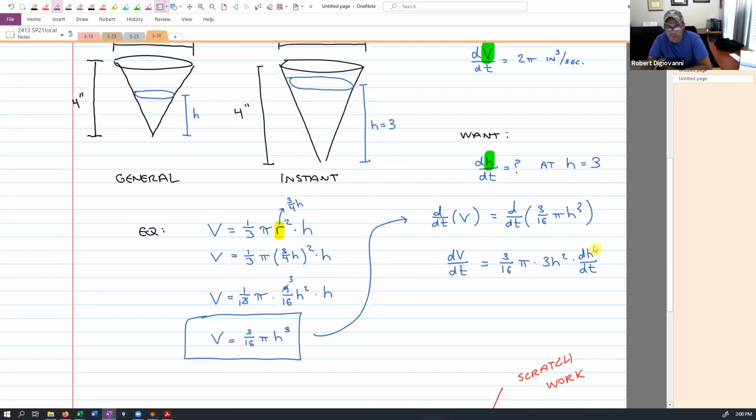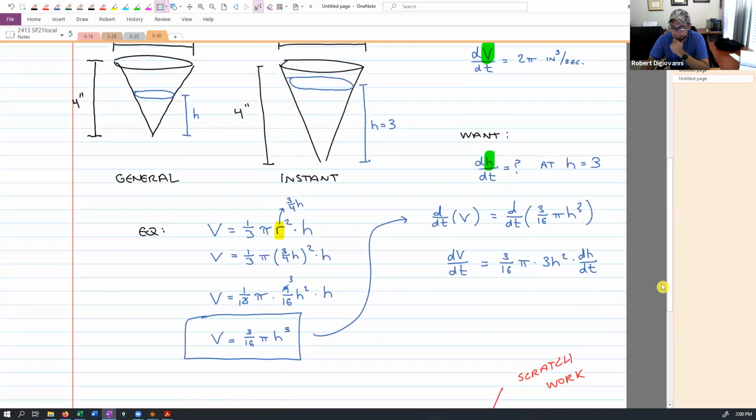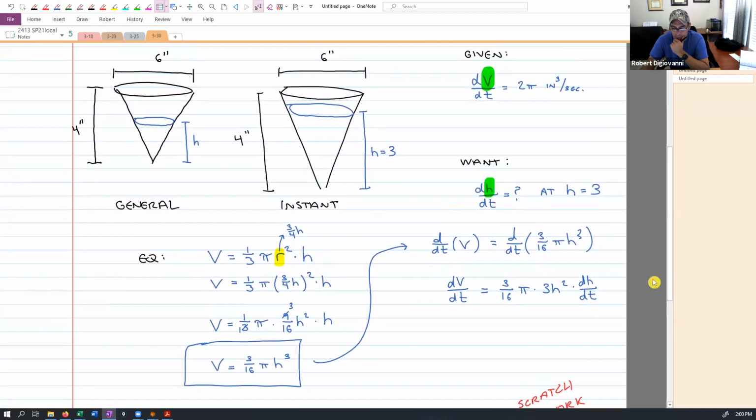Chain rule, right? 3 comes out, and then derivative of h with respect to t is dh dt. And I think that's it. We have everything we want, right? dV dt, we know this. This is 2 pi. H, we know h at the moment in time is 3. And dh dt is what we're solving for. So this is all going to work.